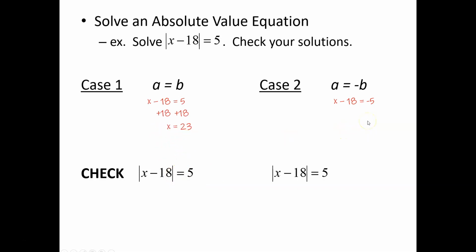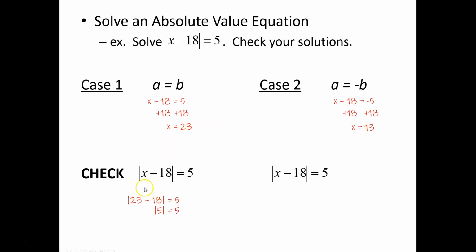Then over here in case 2, we're going to add 18 to both sides. And we are not going to get -23. We're going to get 13 because -5 plus 18 is 13. So yes, every single absolute value question will have two different answers. And yes, we do need to check and make sure these answers are correct.